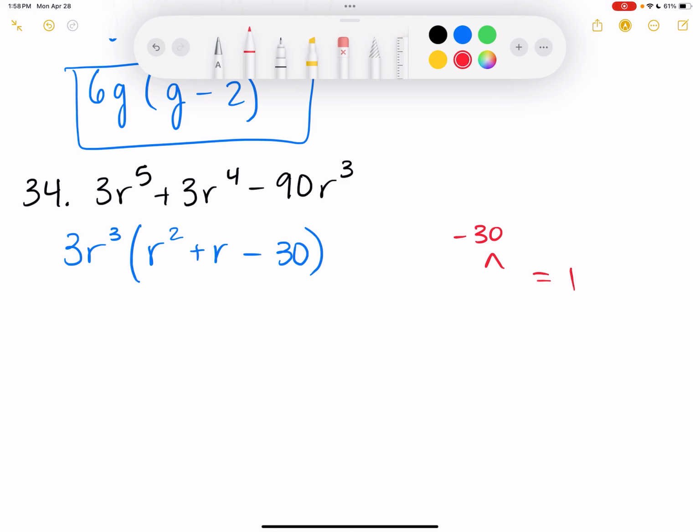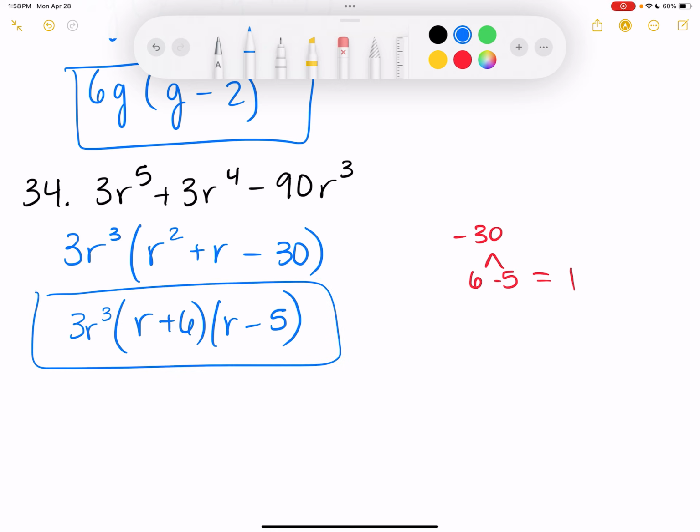Negative 5 and positive 6, because when I add those together I get a positive 1. So this is 3r cubed times, since this was just a 1 in front, I don't need to write out everything in the longhand form. I can just write r plus 6 and r minus 5. That's my answer.